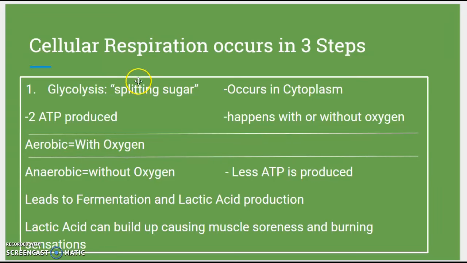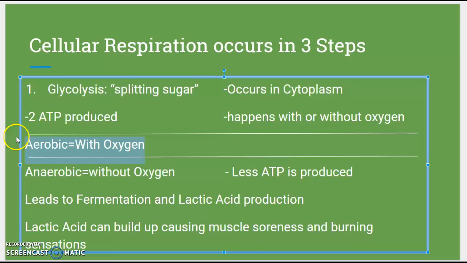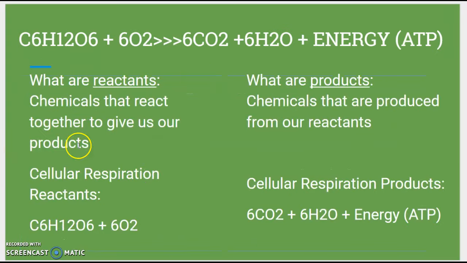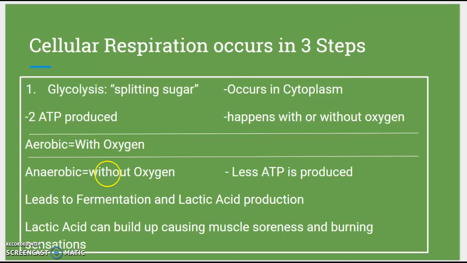After glycolysis, we have a couple options. So we can either go through aerobic respiration or anaerobic respiration. Now, aerobic respiration means that it occurs with oxygen. So if you have enough oxygen right here for the reaction to occur, then we're going to go through aerobic respiration.